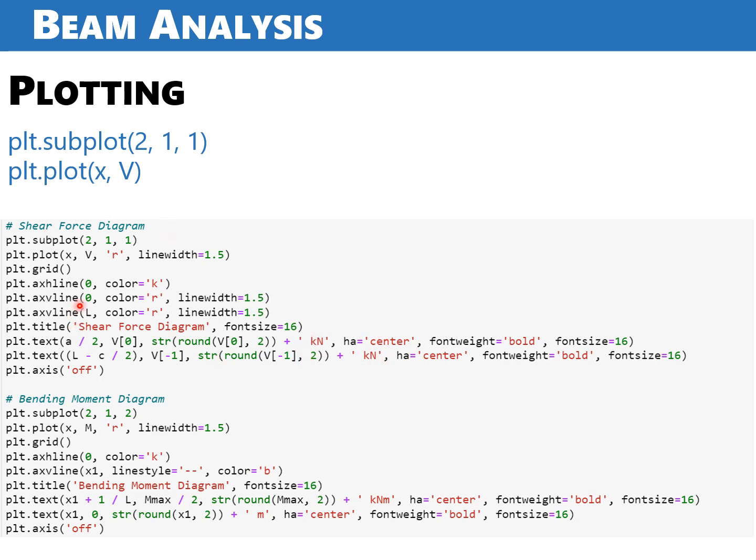In the same way, the next step, subplot 2, 1, 2, has been plotted for x, m, which means the bending moment diagram. Rest of the things are similar. I believe that if you study them in detail and try to type the code in practice yourself, it shall become easier for you. However, further explanation will be given in the next class.